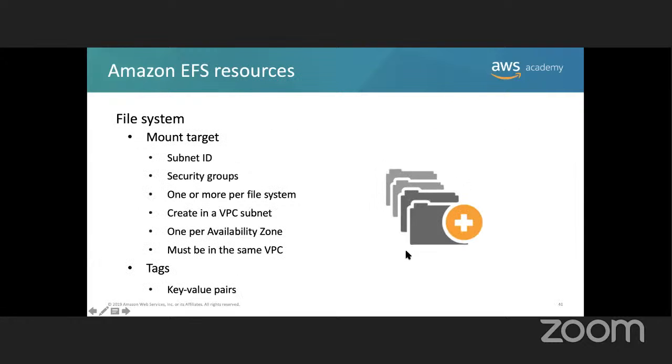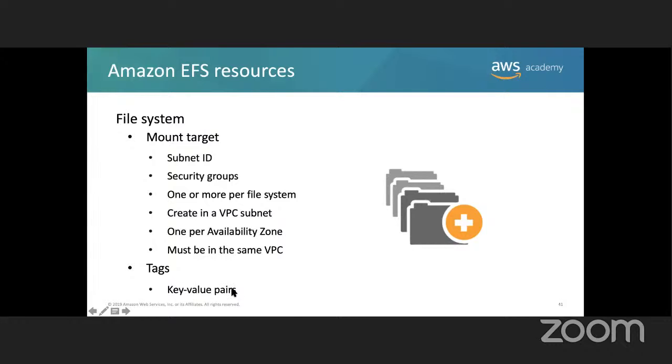What are the things that you need for that? Well, you need a mount target, and in the mount target, you're going to have a subnet ID and the security groups, one or more per file system. You create it in a VPC subnet, one per availability zone, and it must be in the same VPC. That's the mount target. Okay, and you can have tags like key-value pairs.